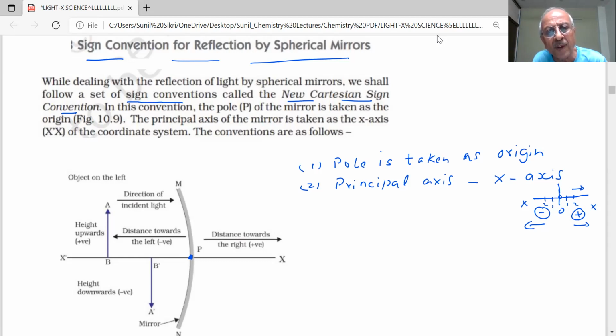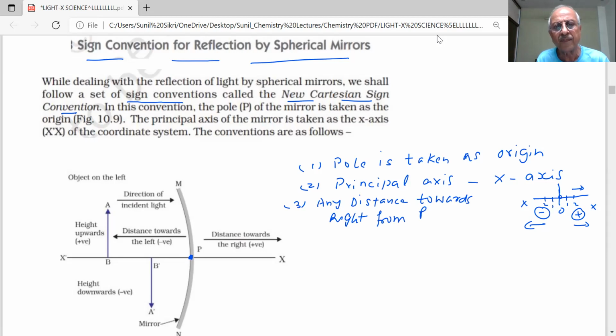If I measure any distance towards the right from the pole, where P is my origin, what will it be, positive or negative? It will be positive.